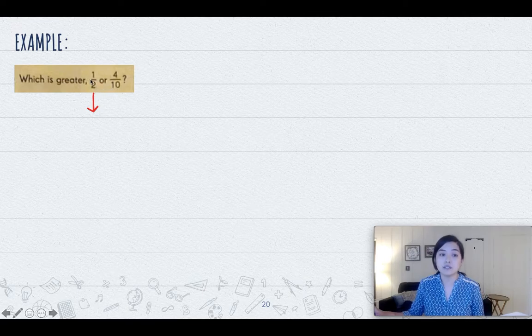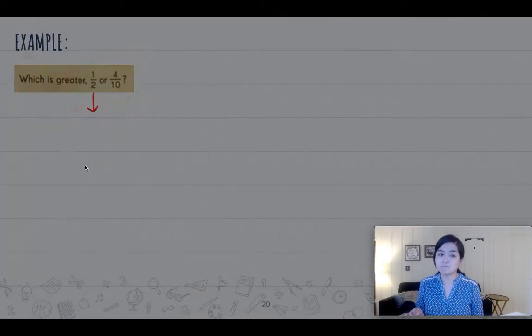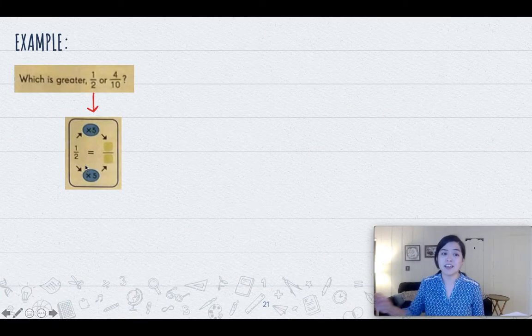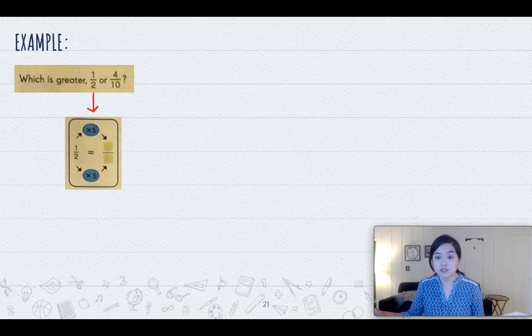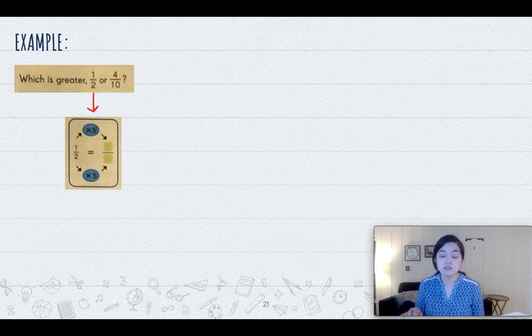So I notice in my fraction 1/2, my denominator is a 2. Can I change that to become a 10? Yes, I can. If I multiply the denominator by 5, my denominator will be a 10, okay? Once I have a pair of like fractions, then it's easier for me to compare the two fractions to see which one's bigger, which one's smaller, and so forth, okay?